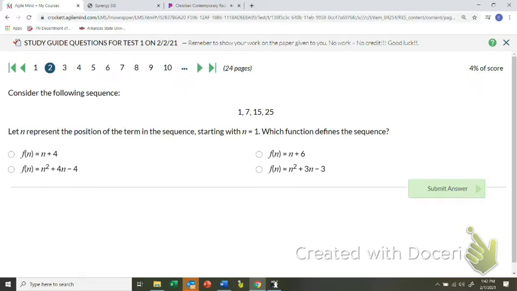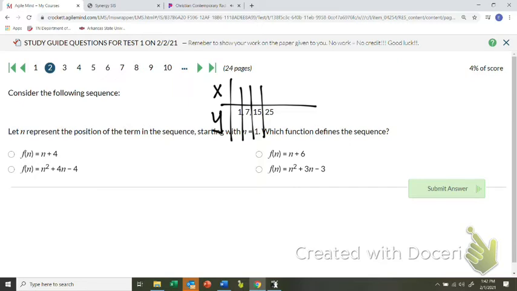So what this means, I want you to create a chart with this sequence of numbers. Now right below that, it tells us n equals 1.